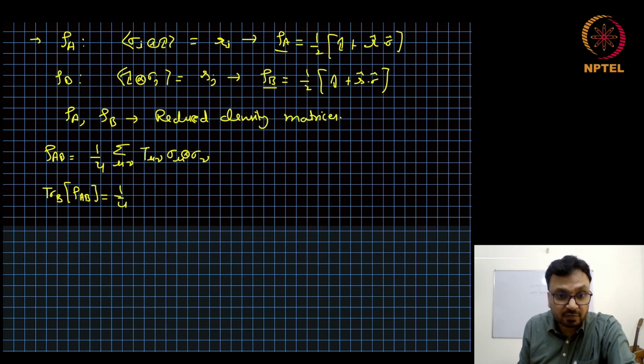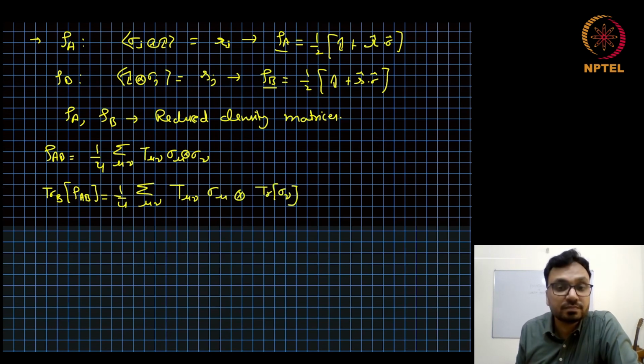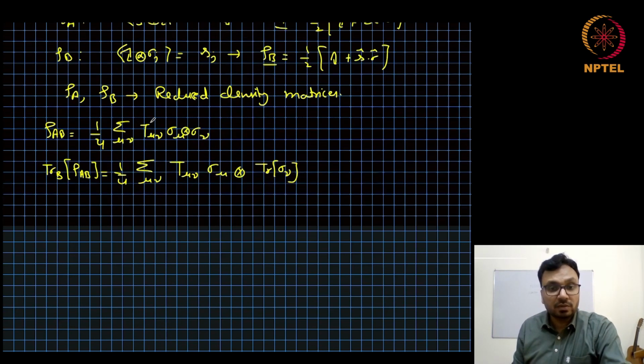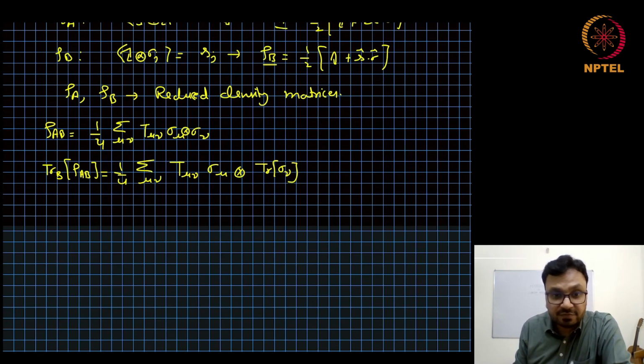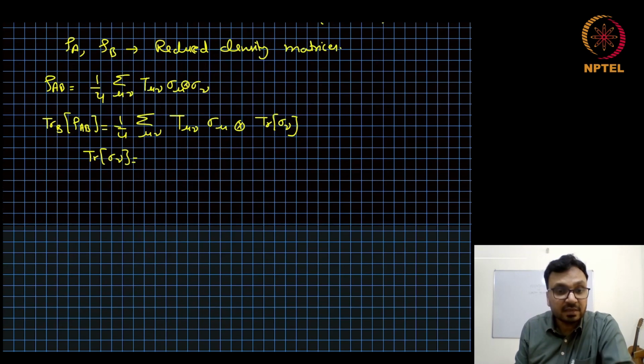That means we have 1 over 4, sum over mu nu, T mu nu, sigma mu tensor trace of sigma nu. Now, the trace of sigma nu: if nu is 0, then we have sigma 0 and the trace of that is 2. If nu is not 0, then the trace is 0. So it will be 2 times delta nu 0.